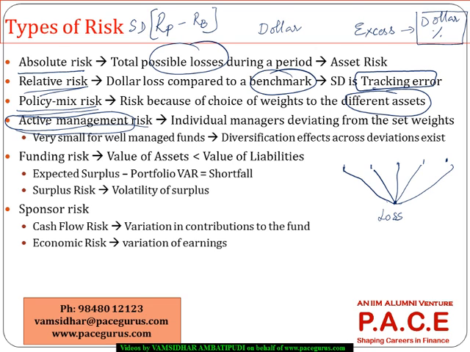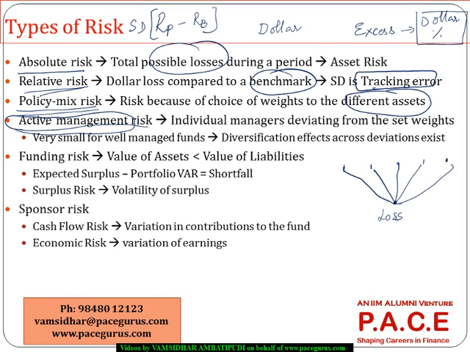If there is something wrong with the setting of the weights itself, then we associate it with a policy mix risk. But after the weights have been set, if the individual portfolio manager deviates from those set weights and tries to use his own weights to generate the return, and there is a possibility of loss from that, we associate it with an active management risk.